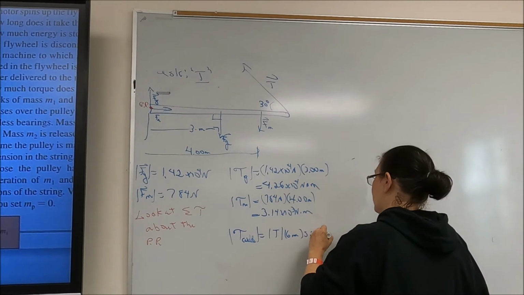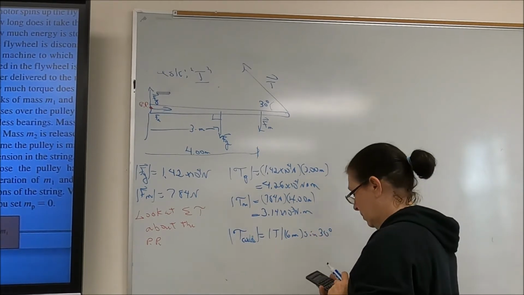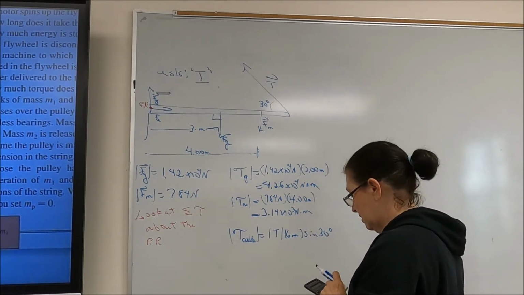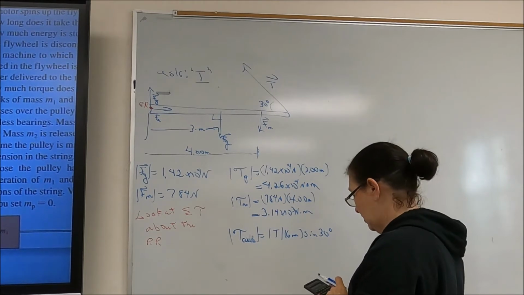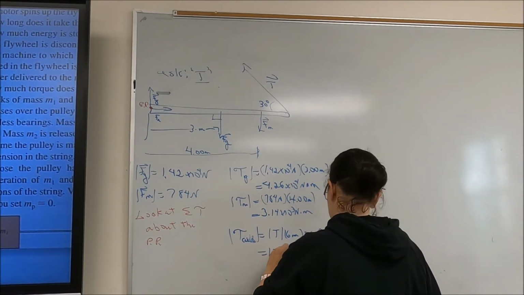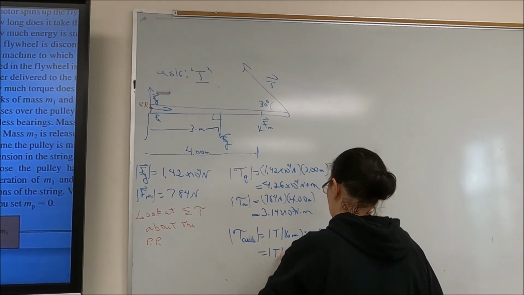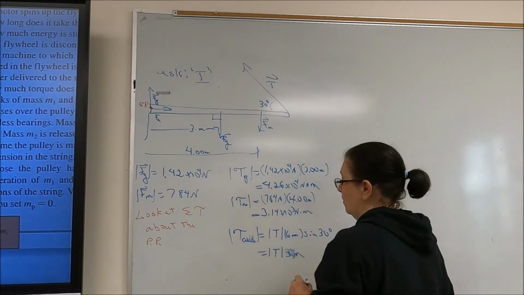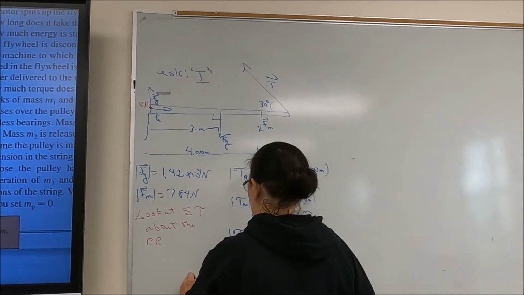Okay, so I have the sine of 30 degrees. Sine 30 times 6 gives me 3. So I have the magnitude of T, 3 meters. Now let's look at the sum of the torques.